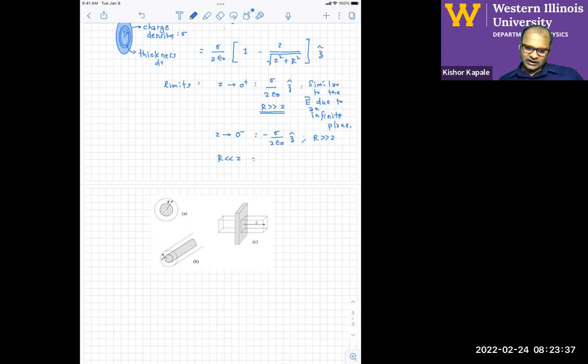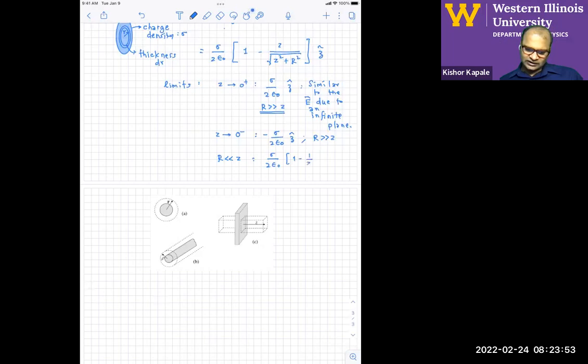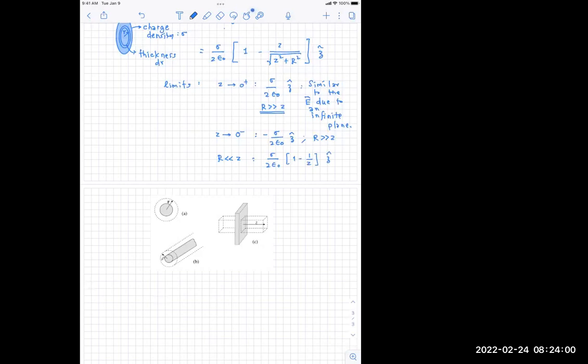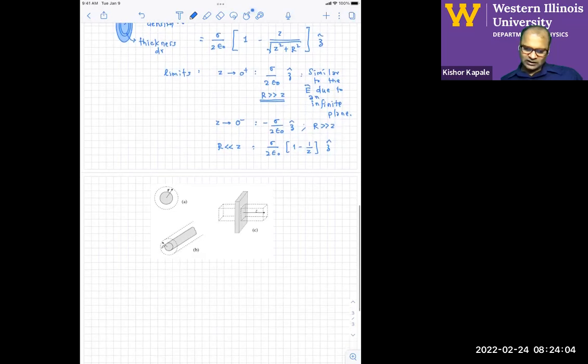You can divide by z, and so that makes it 1 plus r squared over z squared. So sigma over 2 epsilon into 1 minus 1 over z. I'm just trying to do the calculation quickly in my head.